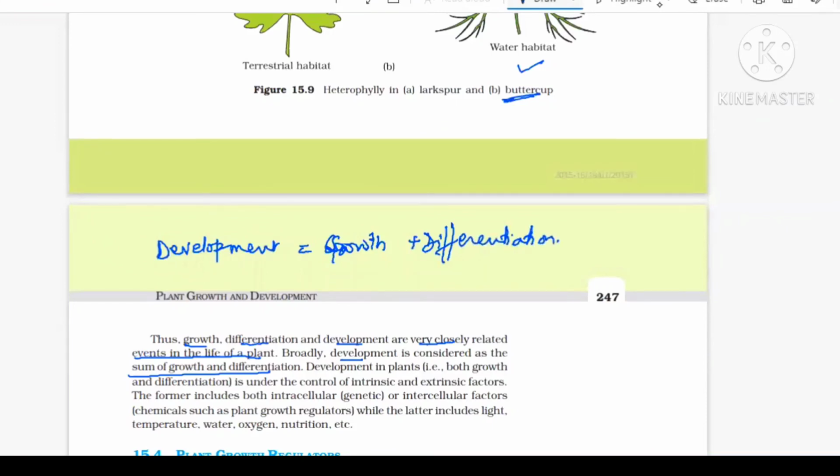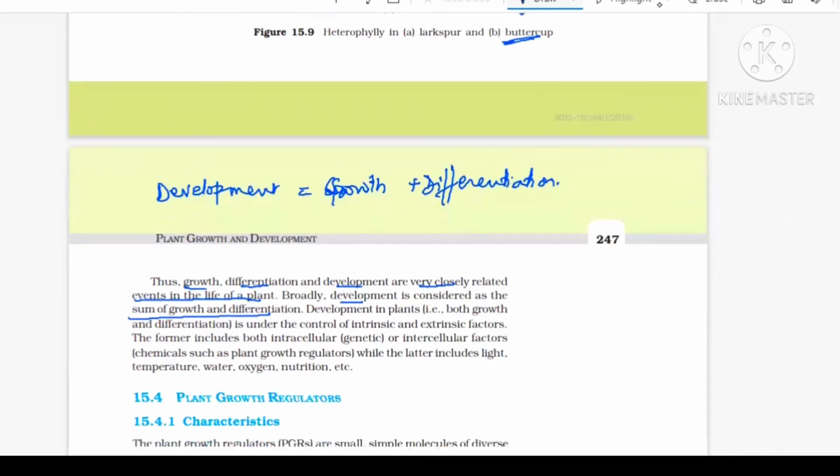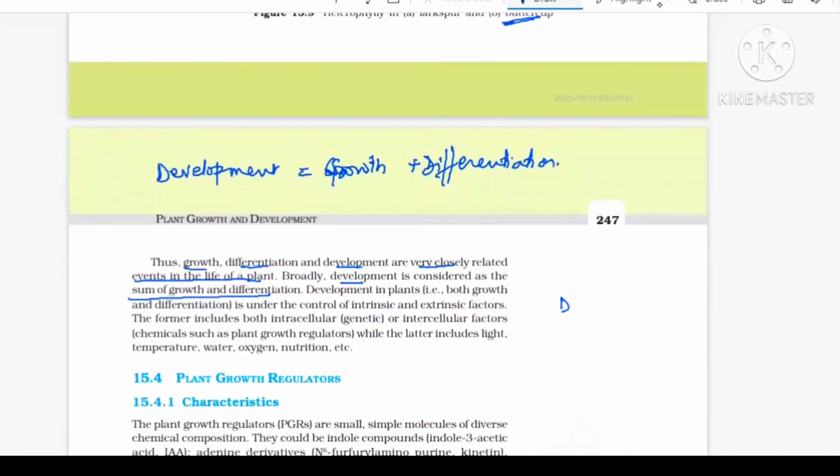So development in plants is under the control of intrinsic as well as extrinsic factors. Let me give you one presentation here so that you can learn it easily. See, development, intrinsic factor. Intrinsic factors are intracellular, and intracellular is your genes.